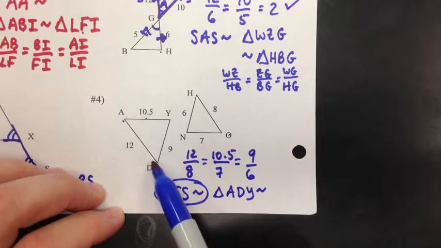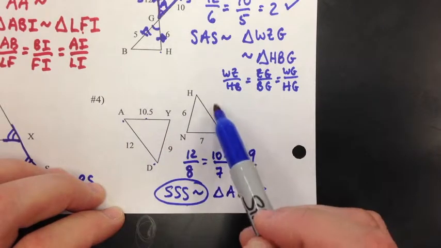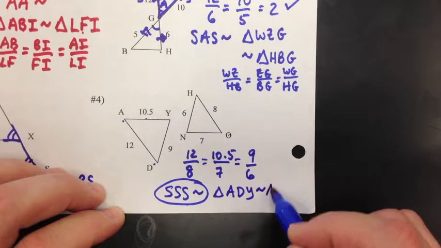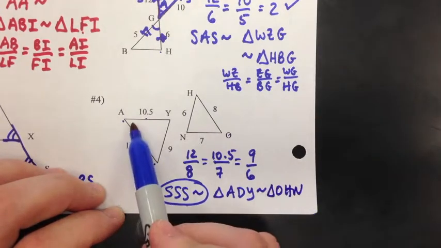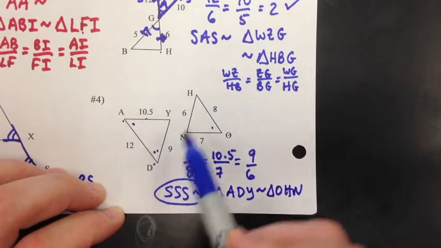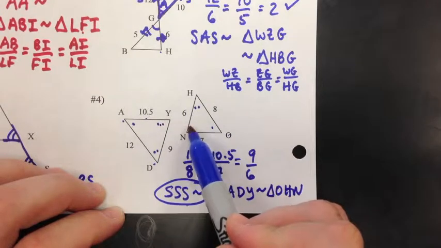We went from 12 to 9 in ADY, so I'd have to go from 8 to 6. So OHN is how I would match it up. A goes with O, D goes with H, and Y goes with N.